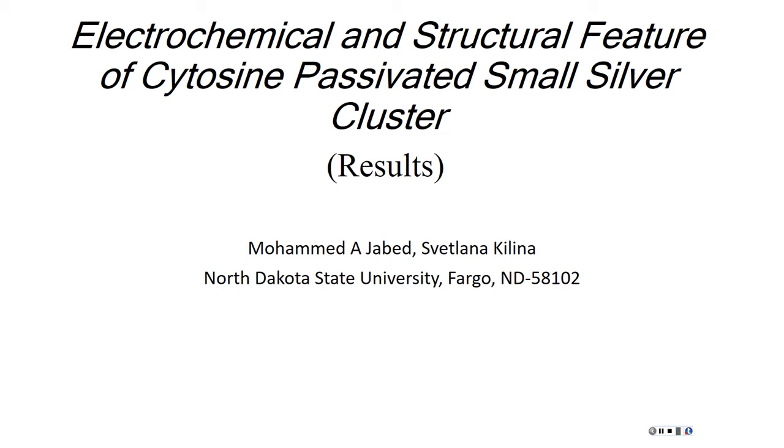This is important because silver clusters are reported for a lot of different purposes. One purpose is oxidation catalysis, where their oxidation potential is used to catalyze or introduce other reactions.